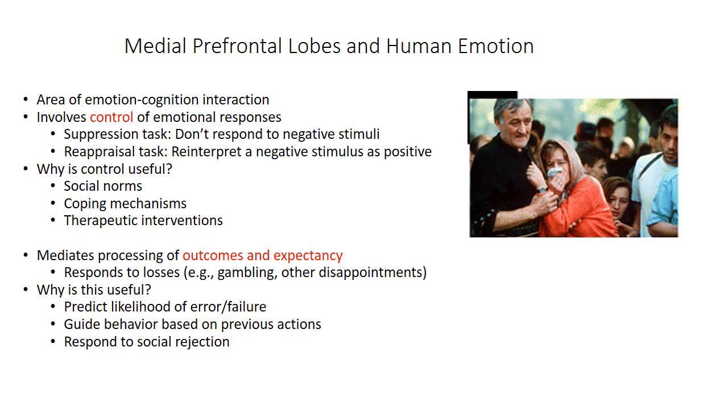So I bet on the horses and I lose all my money. That should lead to a negative reaction and update my expectation of winning in the future. And as long as I'm processing that information rationally with my medial prefrontal lobes, right, I should update and gamble less in the future.